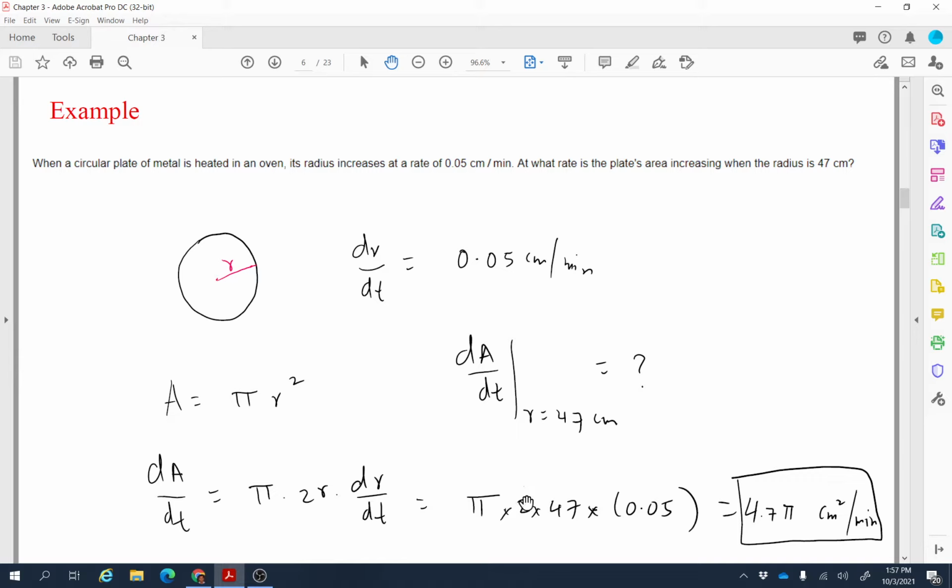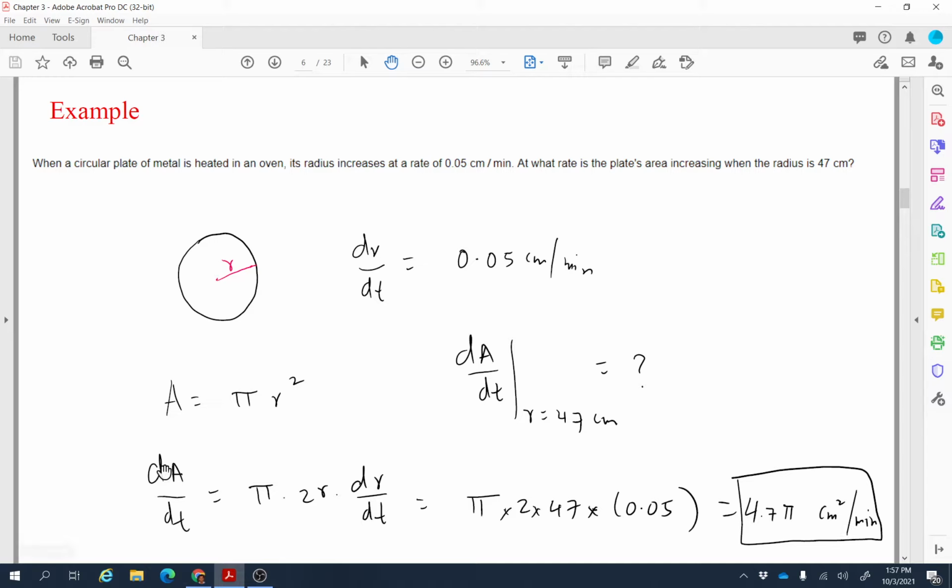So pi times 2 times, we are looking for the rate of change of area when the radius is 47, so plug in radius 47 here, and the rate of change of radius is given, which is 0.05. By plugging in all these values, we find the answer is 4.7 pi centimeters squared per minute.